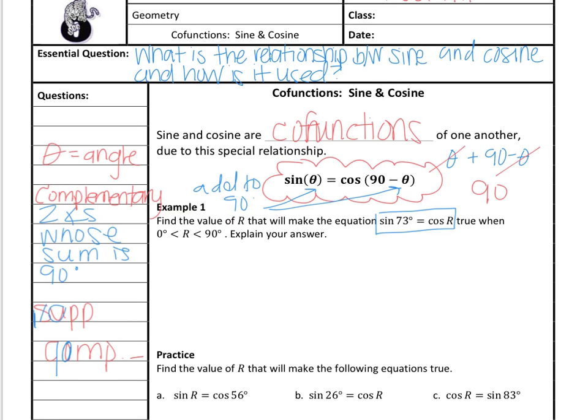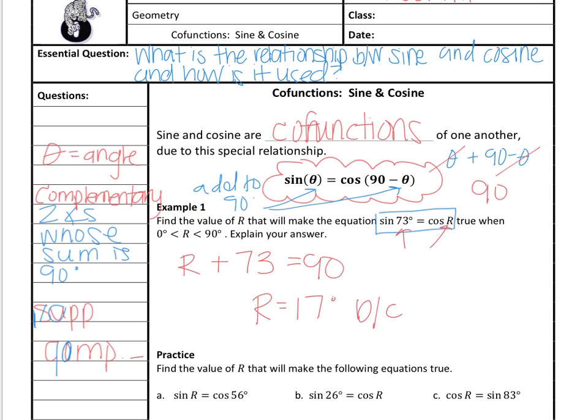So we know that r and 73 should sum to 90, because sine and cosine are set equal to each other. So you just do a little bit of math, you subtract 73 and you get r equals 17. And this is degrees because we're talking about angles.